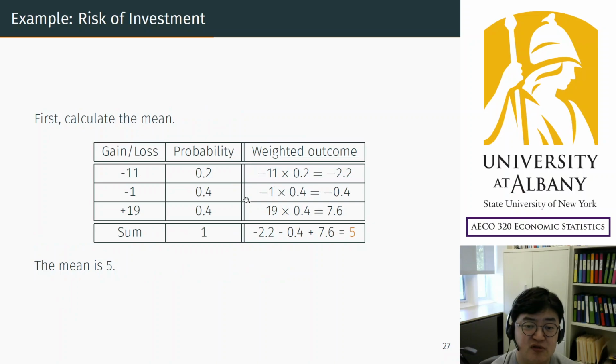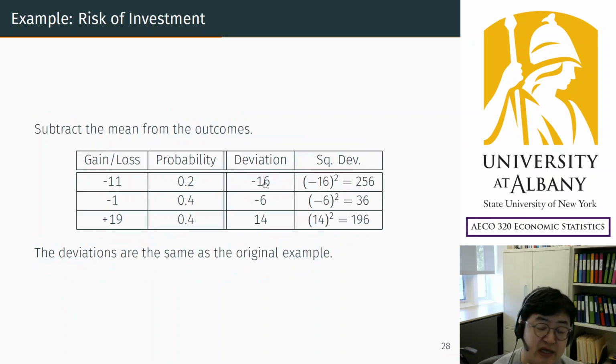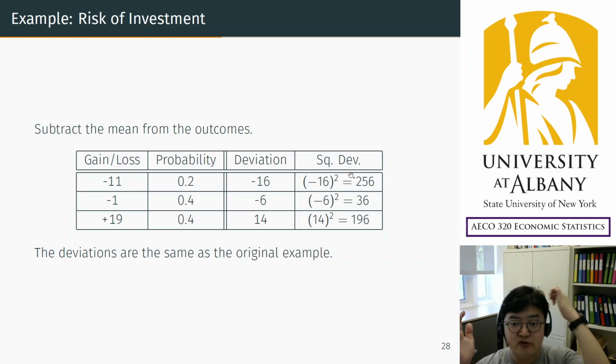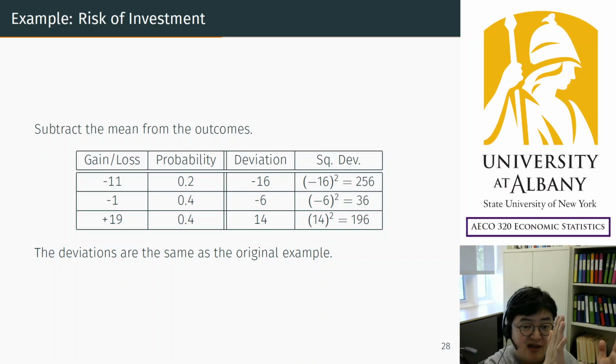But even if you subtracted 1, the deviation does not change. That's because all the outcomes are shifted by minus 1. And the mean is also moving in the same direction by the same distance. So everything moves by 1, so their difference does not change. Deviation is the difference.